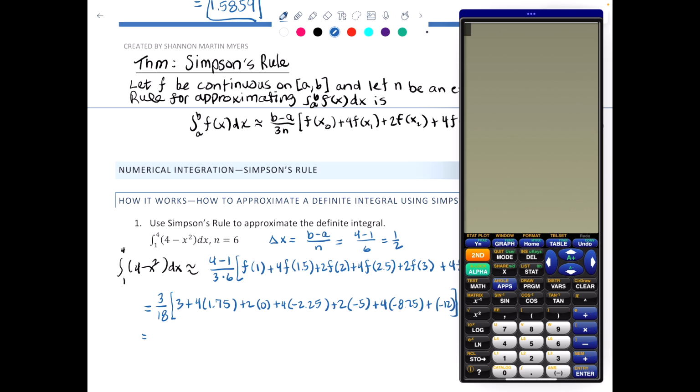So we will have 1 divided by 6 times. And this gives us -9.